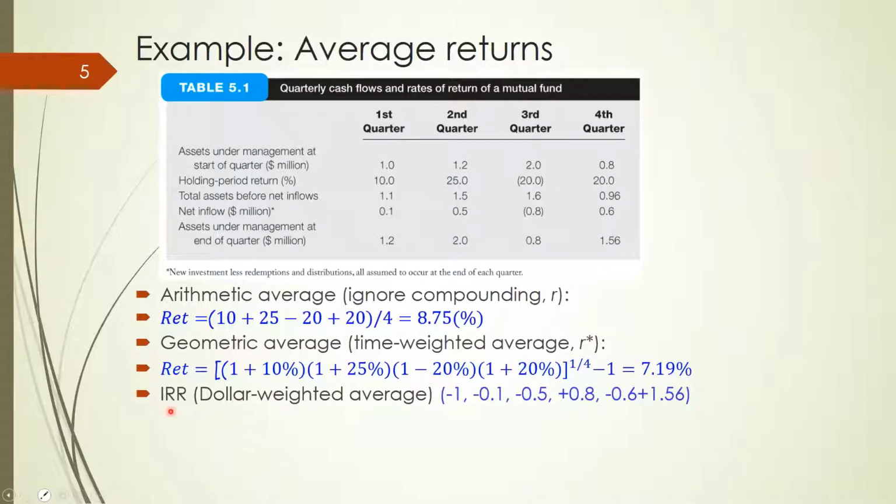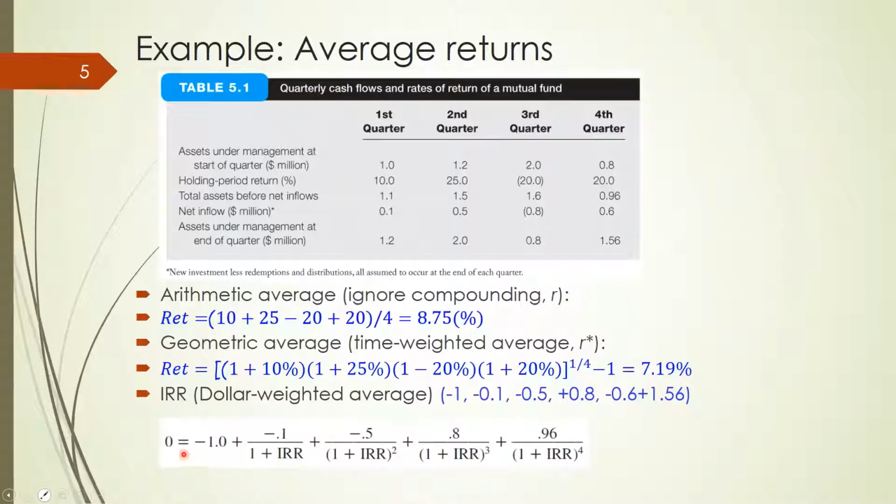The internal rate of return, or the dollar-weighted average, is to solve the discounted cash flow equation in which each period corresponds to the cash inflow and outflow of that period. The initial asset under management is 1, suggesting the initial outflow is 1 million.